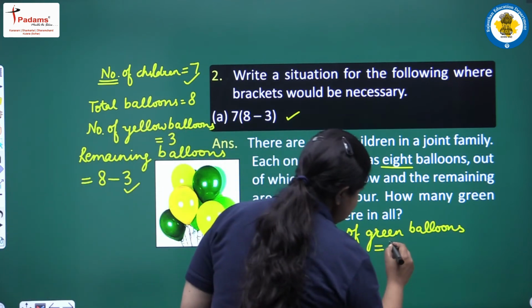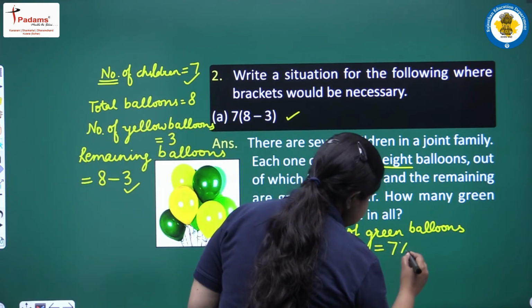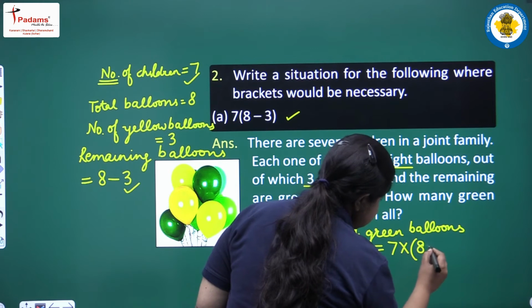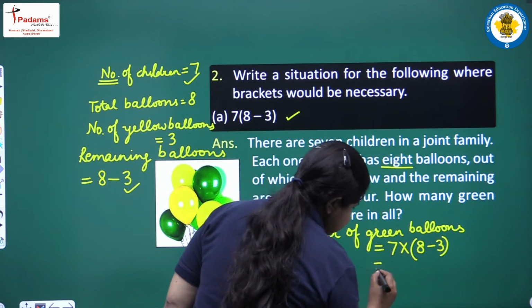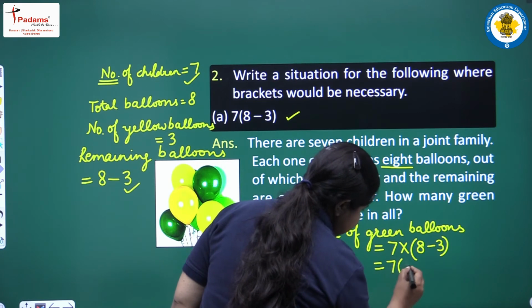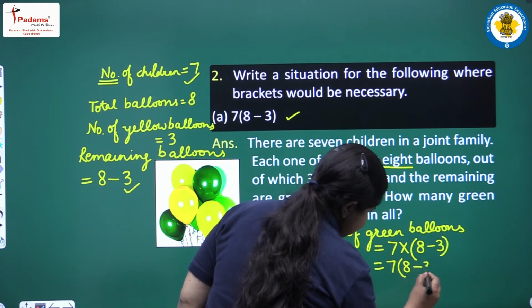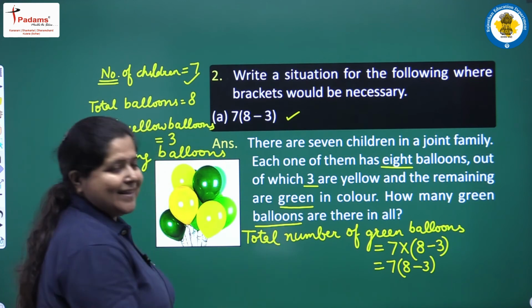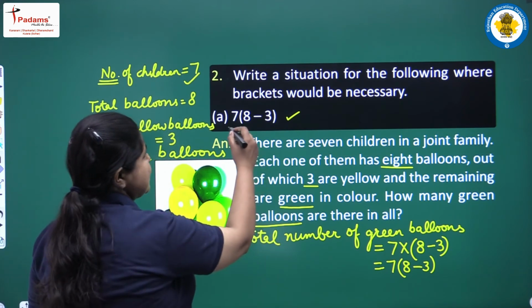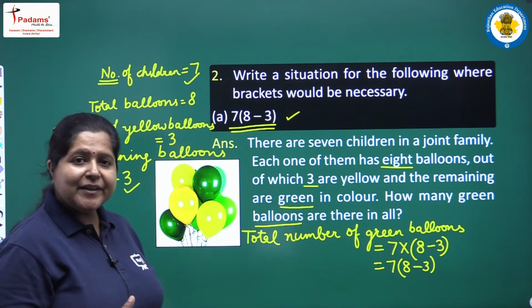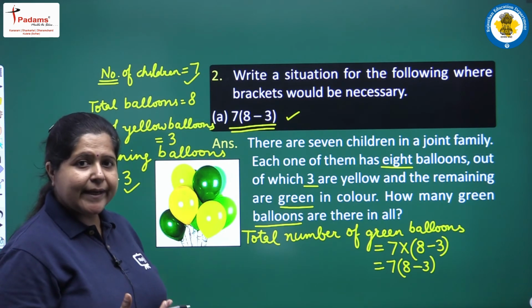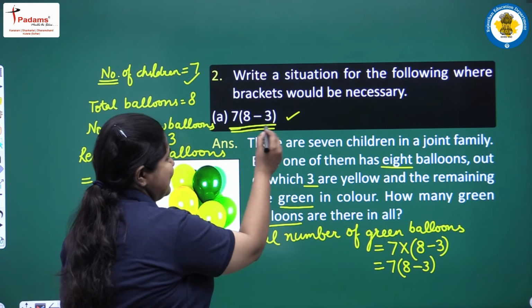So, the total number will be 7 multiplied by (8 minus 3), or we can skip this multiply sign and directly write 7 into (8 minus 3). So, we are getting the same expression that has been given. In this way, you can create your own question and try to get the answer in this form.